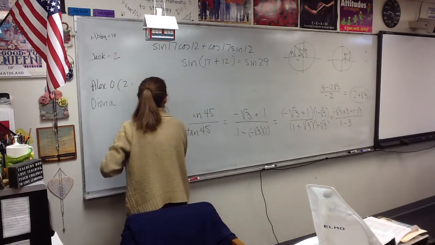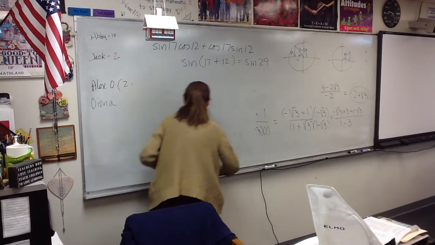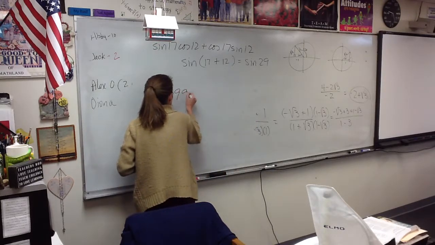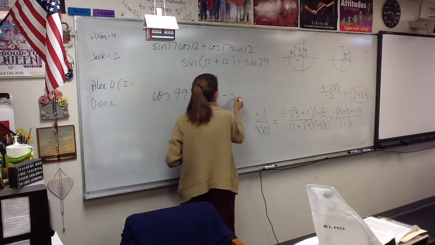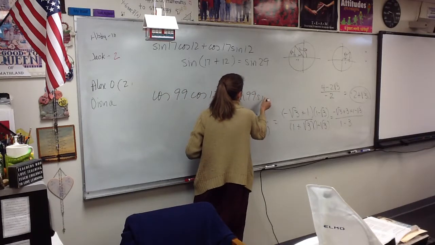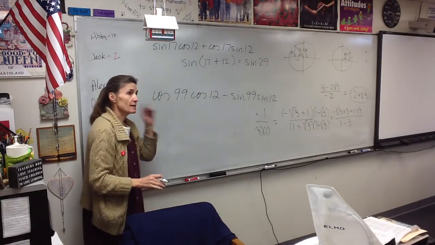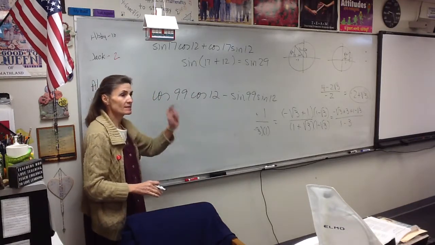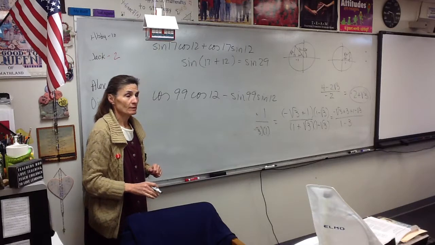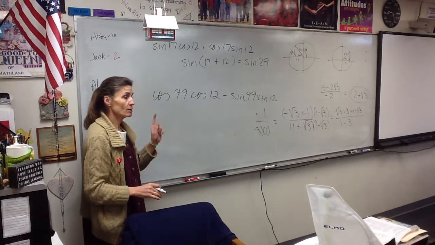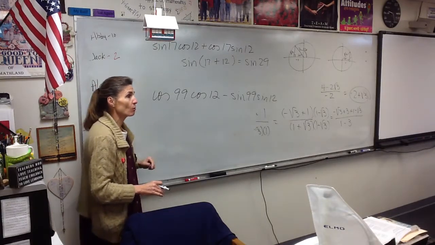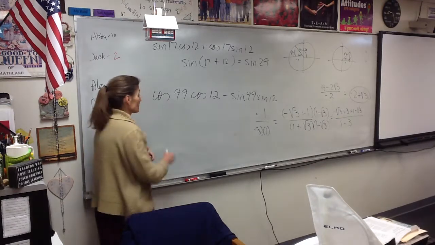So here's another example. Forget the numbers. Say to yourself, cosine, cosine minus sine, sine. Okay, what is that? That's a formula. Cosine, cosine minus sine, sine is a formula for the cosine.